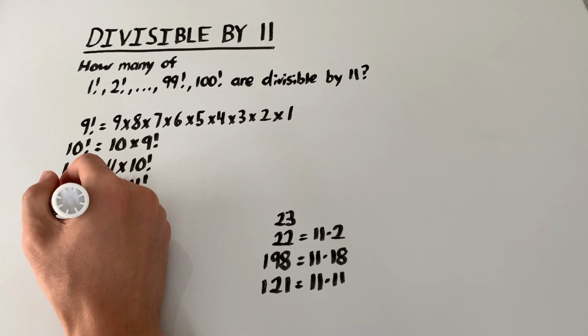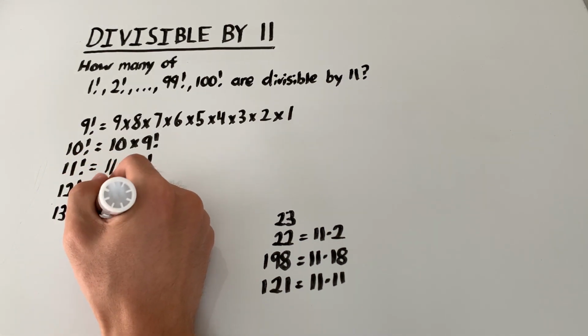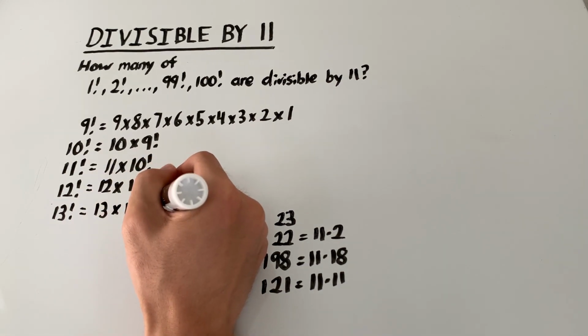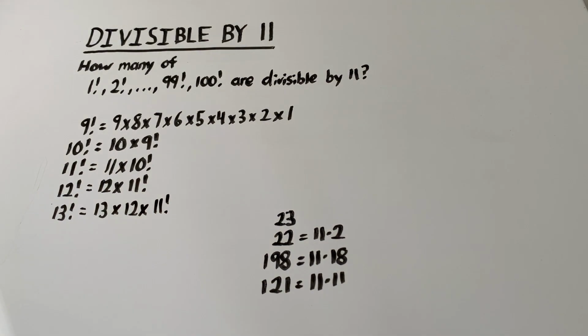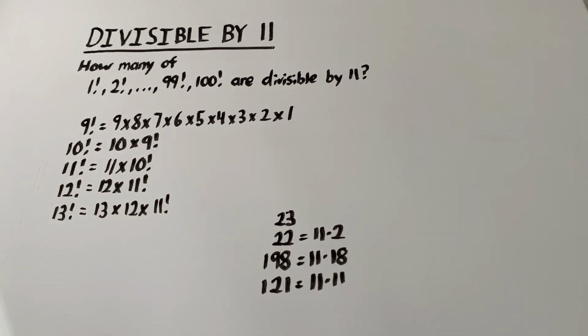Thirteen factorial is just 13 times 12 times 11 factorial. And the factor of 11 would be right over here. So 13 factorial is also divisible by 11.